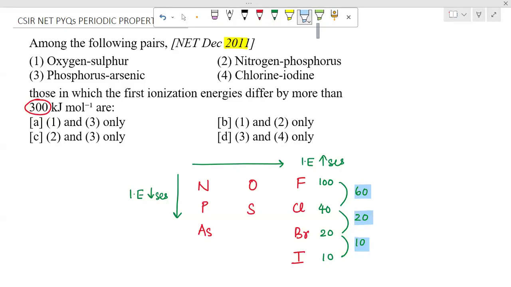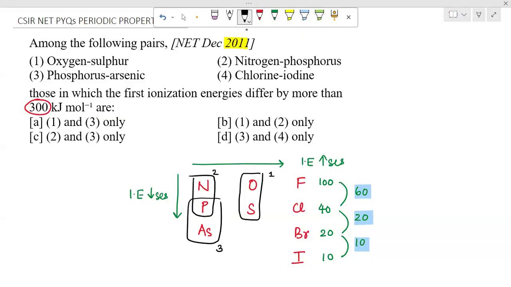Okay, so over here, what are the options given? Oxygen and sulfur is option A, the first one. Then nitrogen and phosphorus is 2. Then phosphorus and arsenic is 3. And then chlorine and iodine is 4. Correct. As I said, the differences between adjacent properties will be highest at the top of the periodic table.